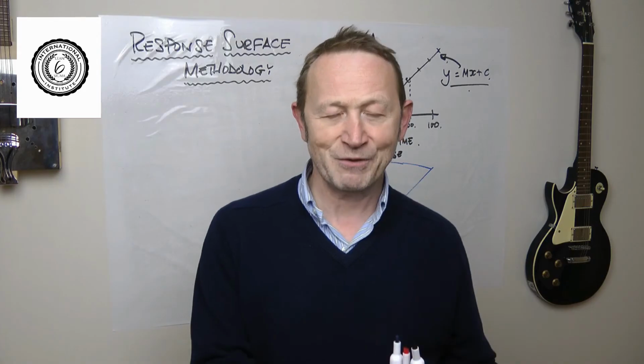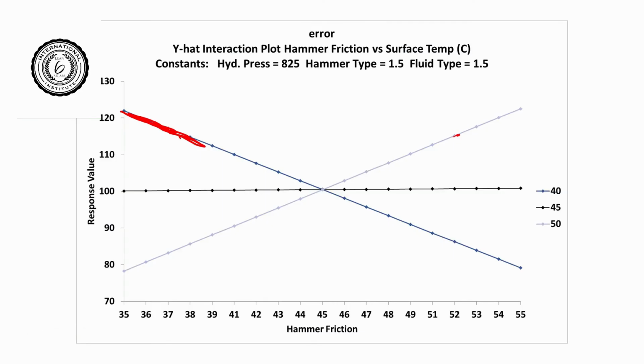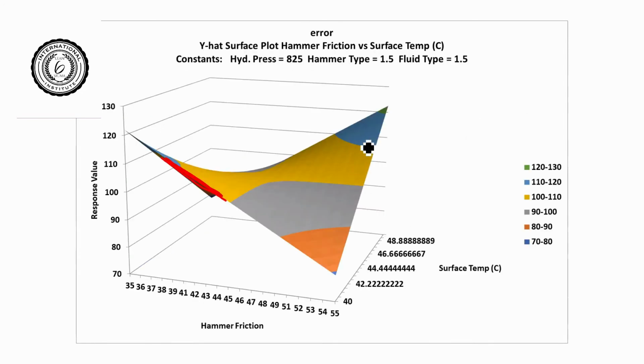If I go back to my interaction plot, the two-dimensional version, this straight line that's now been highlighted in black is this line on the response surface, also highlighted in black. And of course you can see that we're looking at the three-dimensional version of that, and those two lines are opposing one another, so the plane twists in space, and that's known as a surface plot.